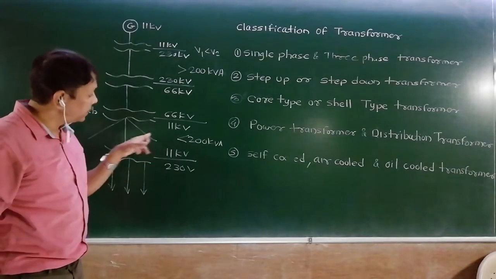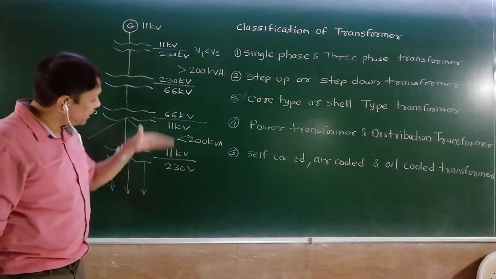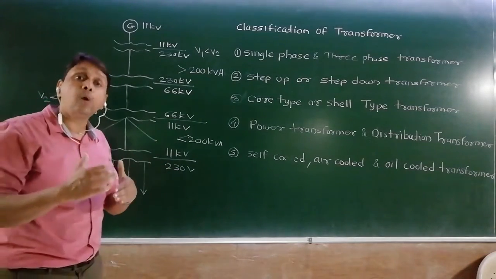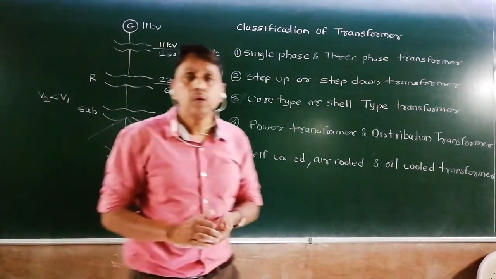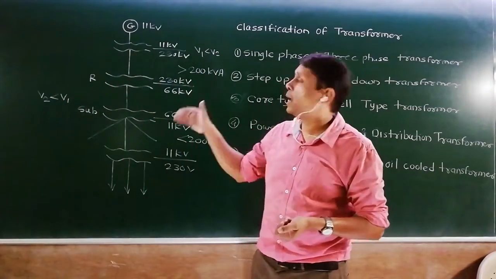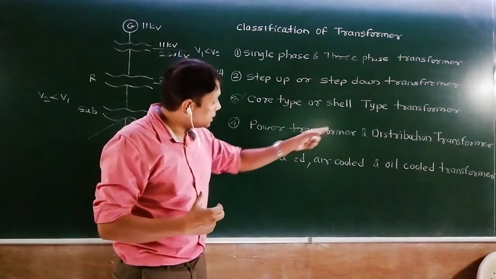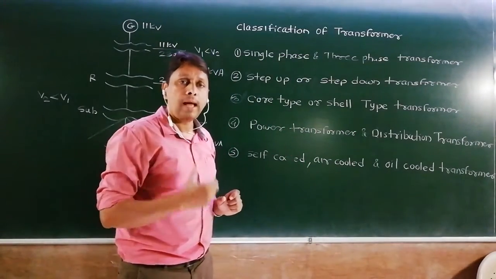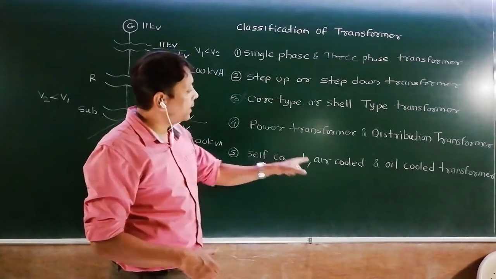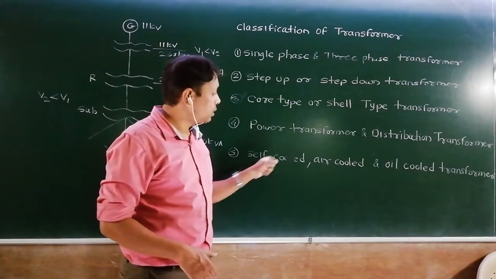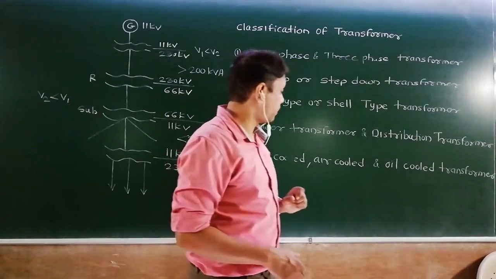They are used in distribution lines for stepping down distribution voltage. So rating more than 200 kVA is called a power transformer, and rating less than 200 kVA is called a distribution transformer. And the last classification, self-cooled, air-cooled or oil-cooled transformer.